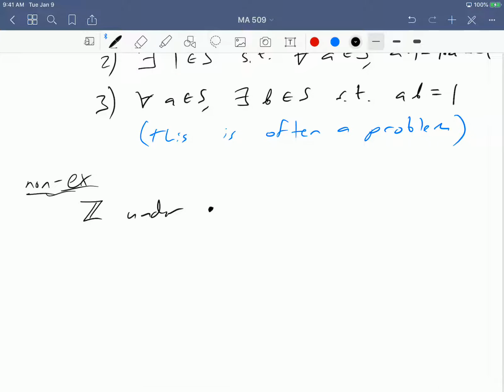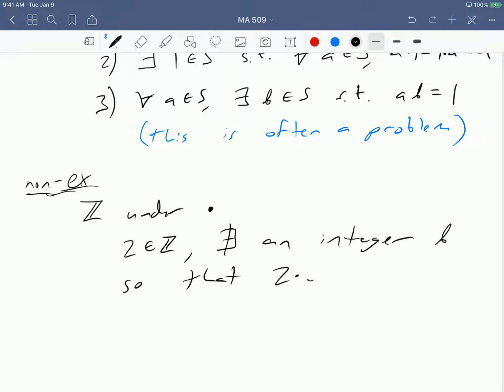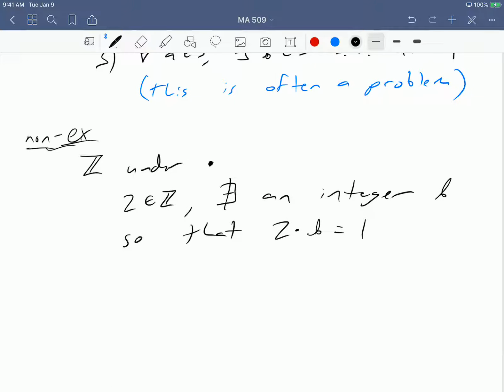But 2 is an integer, and there is not an integer B so that 2 times B equals 1, because we know that B would have to be a half, and that's not an integer.